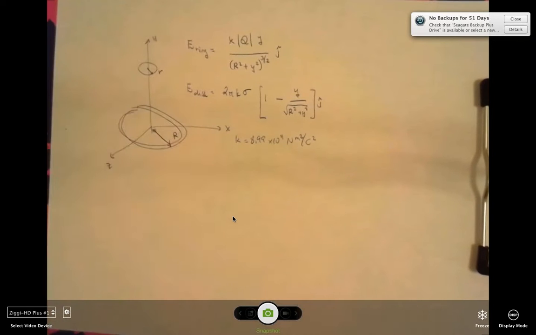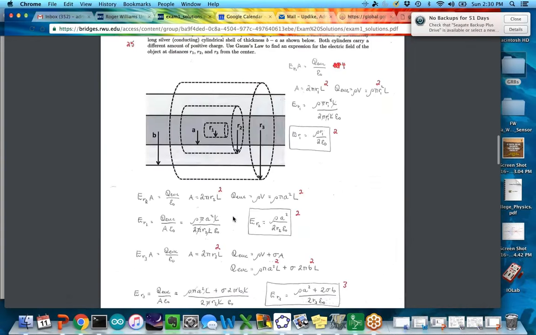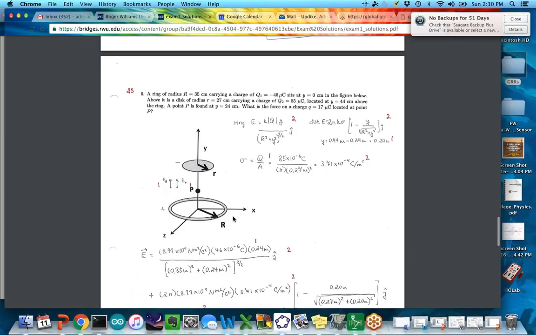Oh, I forgot what I was looking for. What are we looking for? We are looking for the force on the charge located at P. And this charge here is 17 microcoulombs. The ring is carrying Q1 equals minus 46 microcoulombs, and the disk is Q2 of 85 microcoulombs.